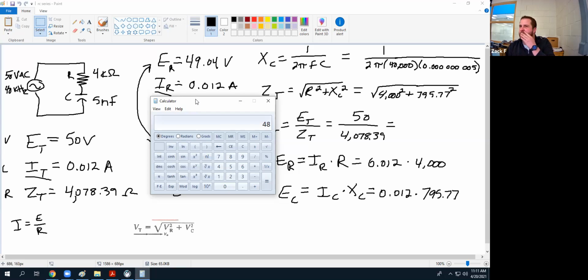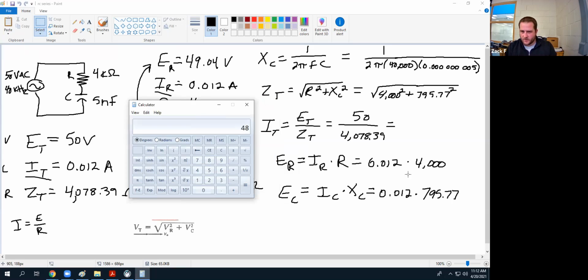Let's see. Anybody else do that? Okay, so it would probably be helpful if you wrote out more numbers. So how did we get the 0.012?